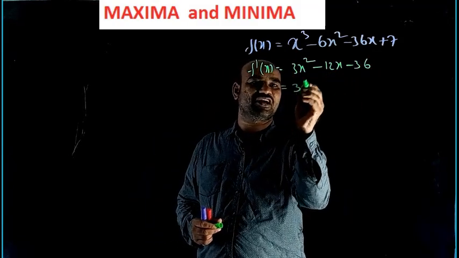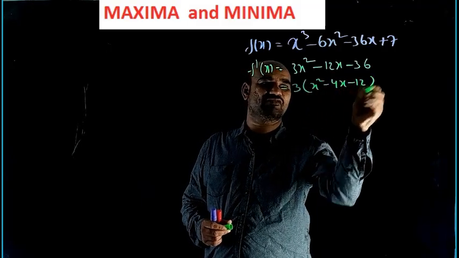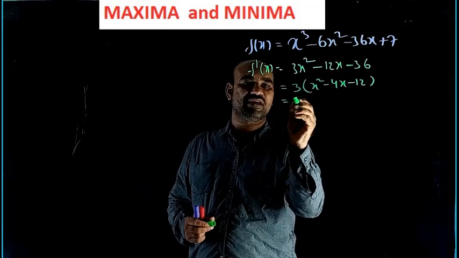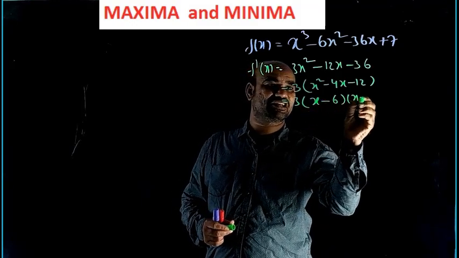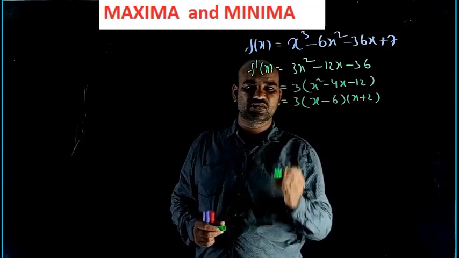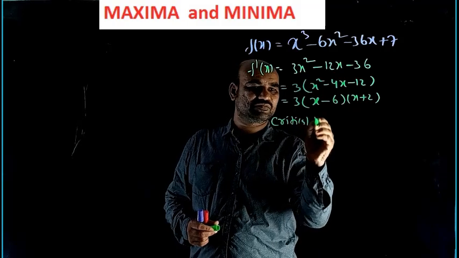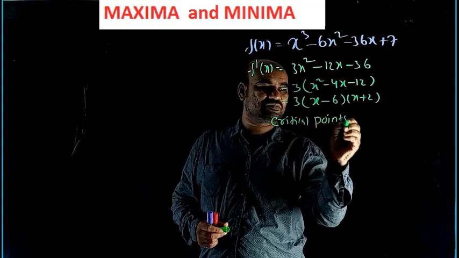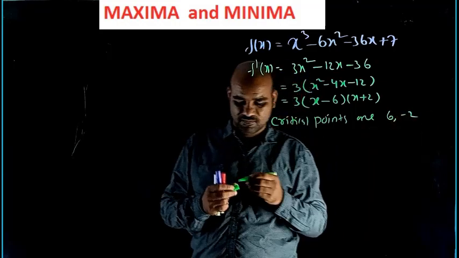Here I am taking 3 common. x square minus 4x minus 12. This is the same as 3 times x minus 6 into x plus 2. So critical points are 6 comma minus 2.